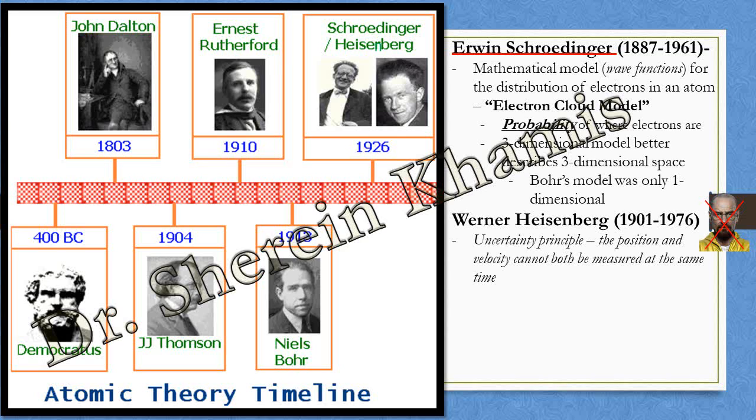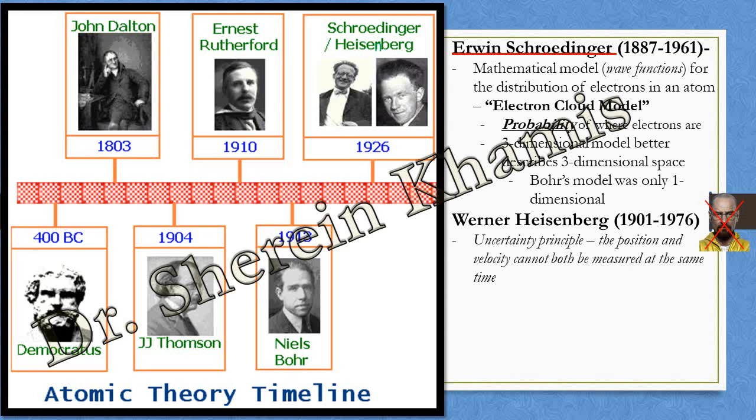Uncertainty principle. It means that you can't determine the position and velocity of an electron at the same time. Okay, so it put a principle that we call the uncertainty principle of Heisenberg.